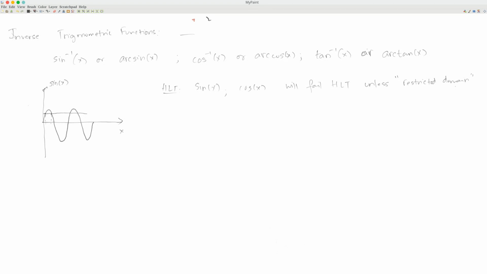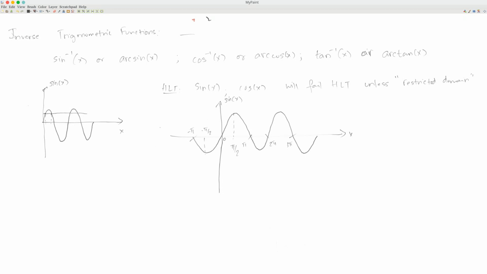Now, what do I mean by restricting the domain of sine function? To make this obvious, I am going to draw the sine function from the negative side, and of course I'm not great at drawing the function, but that's a sine function, and I have 0, I have pi, 2 pi, 3 pi, negative pi, pi over 2, negative pi over 2, and so forth.